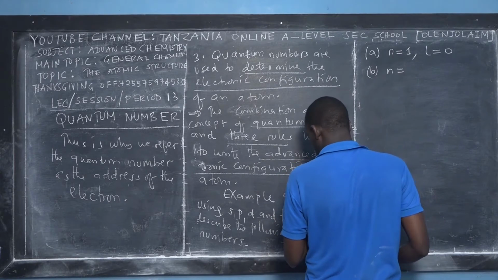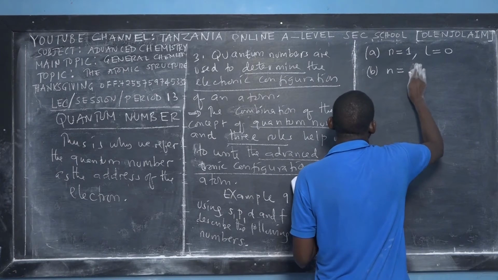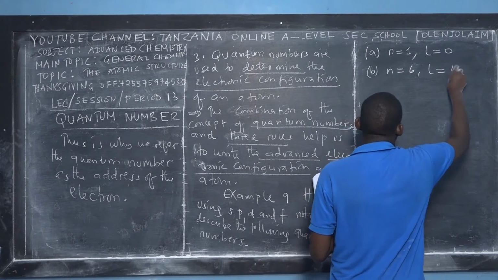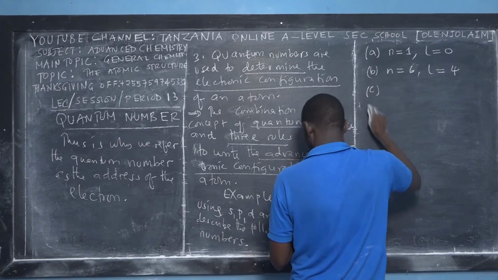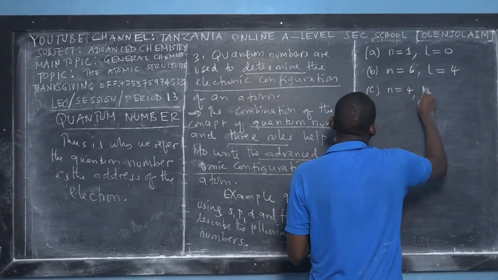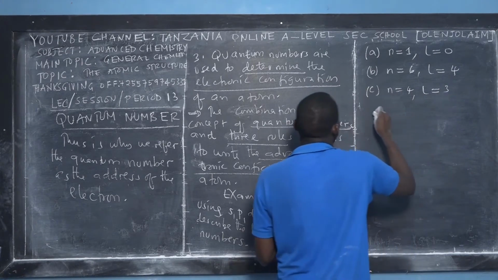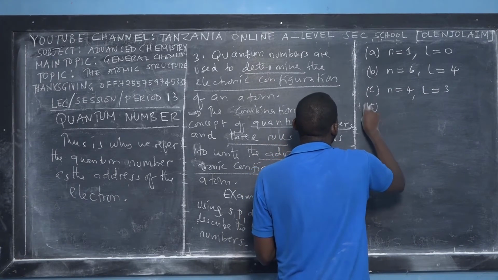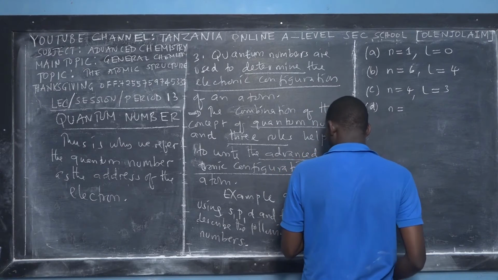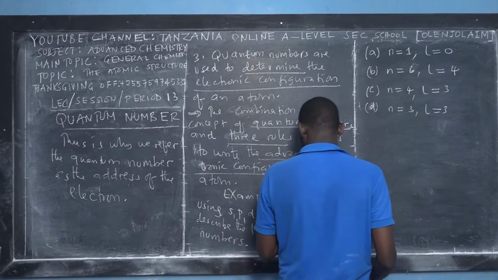So n is equal to 6, l is equal to 4. n is equal to 4, l is equal to 3. n is equal to 3, l is equal to 3.